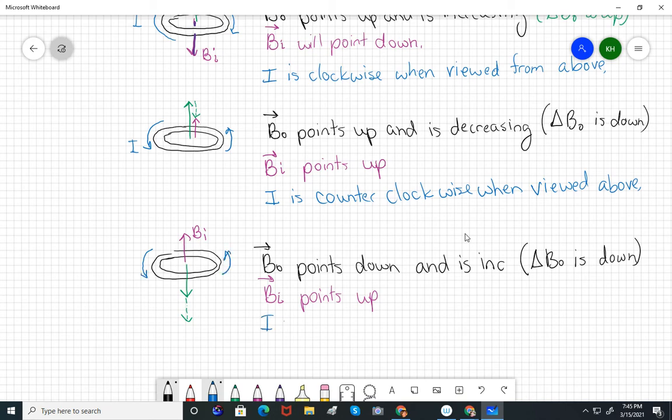I is counterclockwise when viewed from above. Notice it's the same result as what we had in the problem right above it. In both cases, the change in B0 was pointing down, so the induced field had to point up. Let's do one that's not.